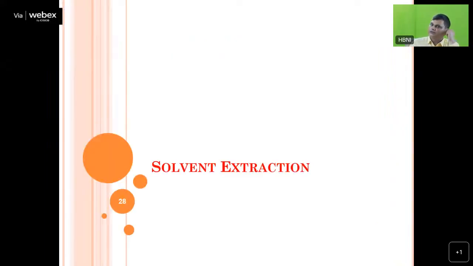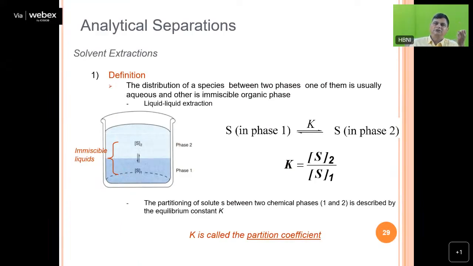See the solvent extraction. What is solvent extraction? It is the distribution of a species between two phases, one of which is usually aqueous and the other an immiscible organic phase. The solute gets distributed in these two phases, and the partition of the solute between the two chemical phases is described by an equilibrium constant K, where the ratio of the concentration in the two phases is called the partition coefficient.